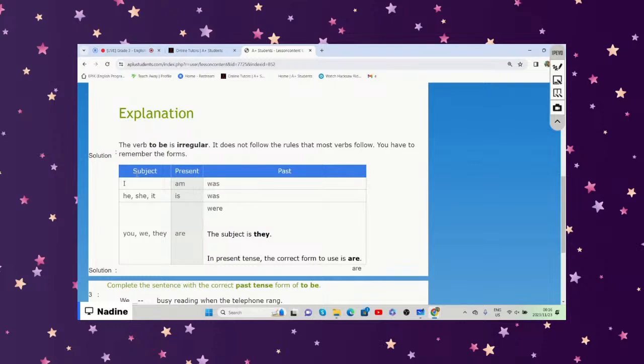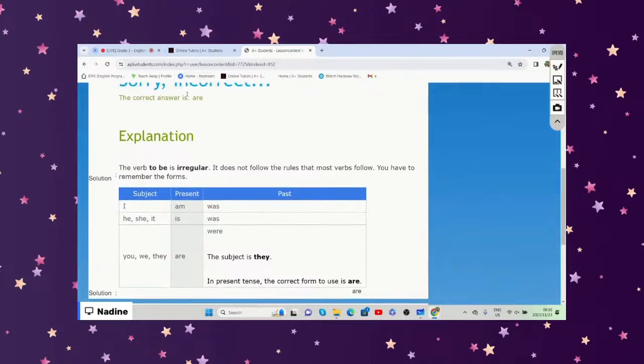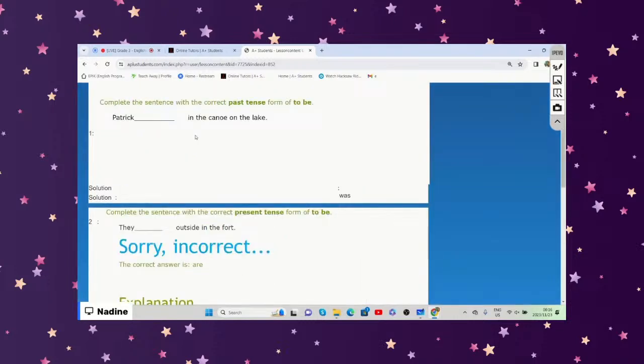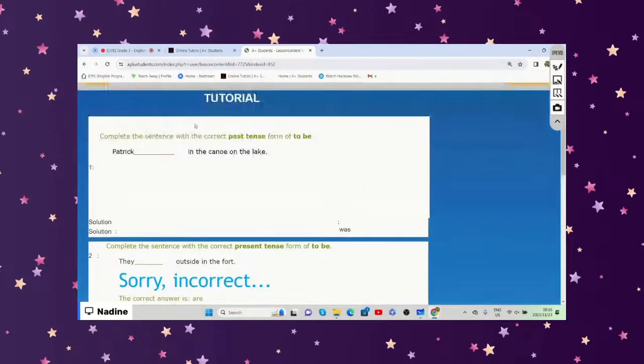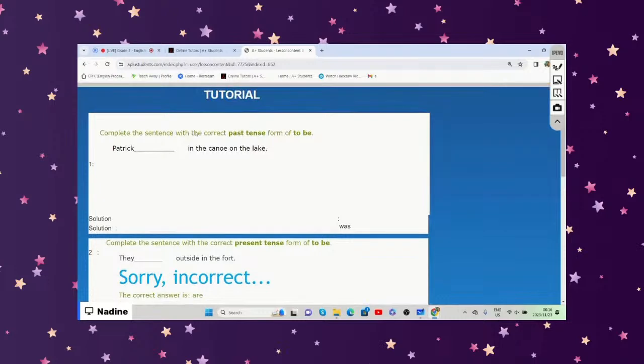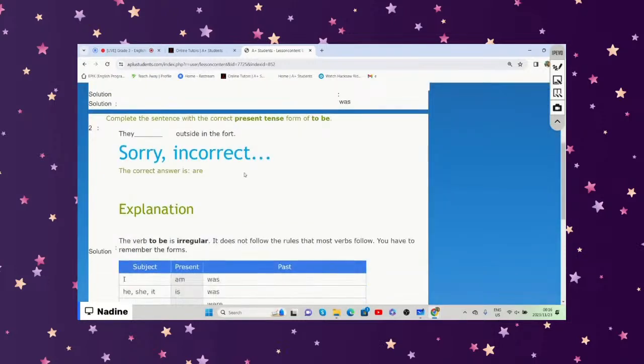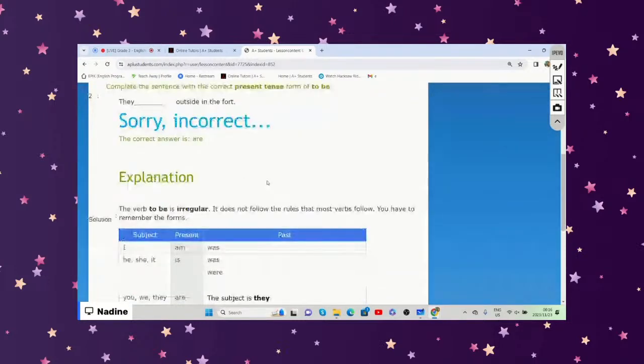And in the past tense, we say they were. All right, so that is basically the verb form of to be, right? So where we either use words like is or am or are, and was in the past tense.